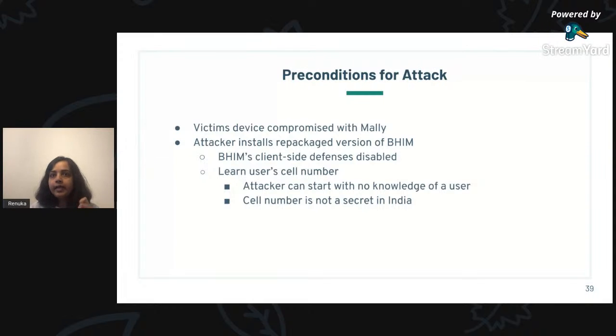We assume that the attacker knows the user's cell number, but in India, a cell number is not a secret, and we have also talked about in the paper how a cell number can be learned. It's rather trivial, and in India, sharing cell numbers is also pretty common. So for the attack to happen, we assume that the victim's device is compromised with malware, and the attacker knows the user's cell number.